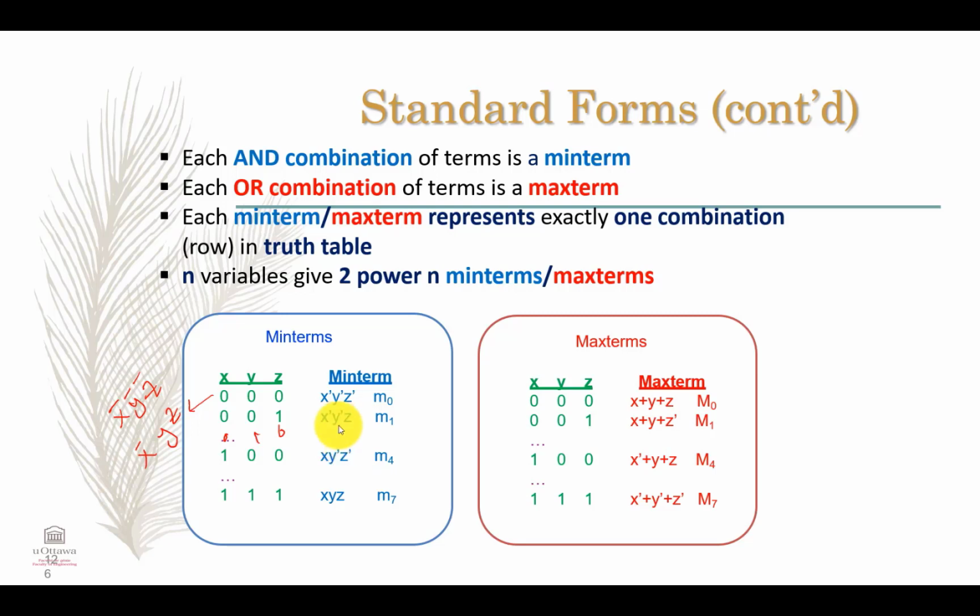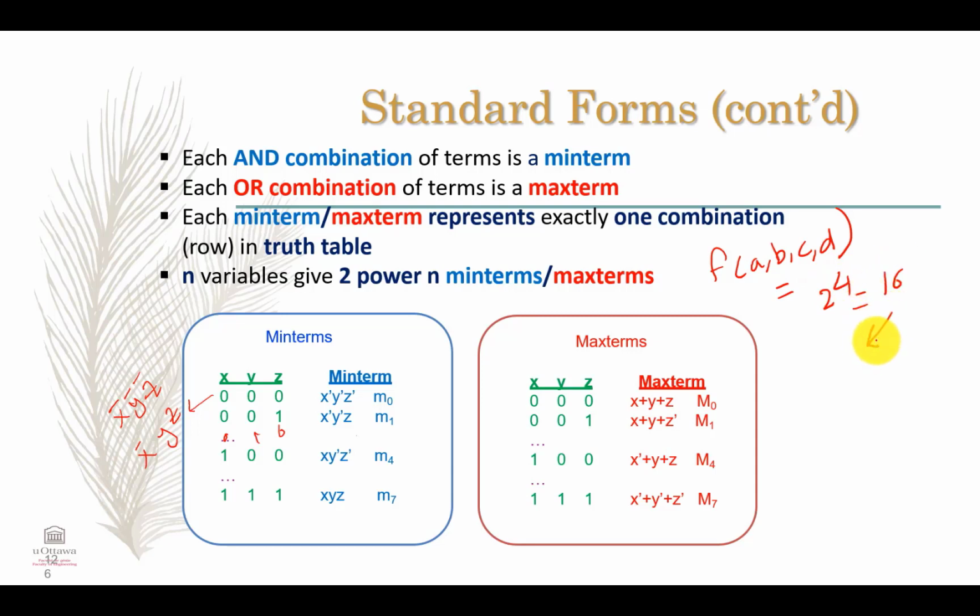So in general, a function of n variables will require 2 to the power n minterms and maxterms. Let's suppose that your function f has 4 variables: A, B, C, and D. In order to represent it in a truth table, you need 2 to the power 4, that means 16.